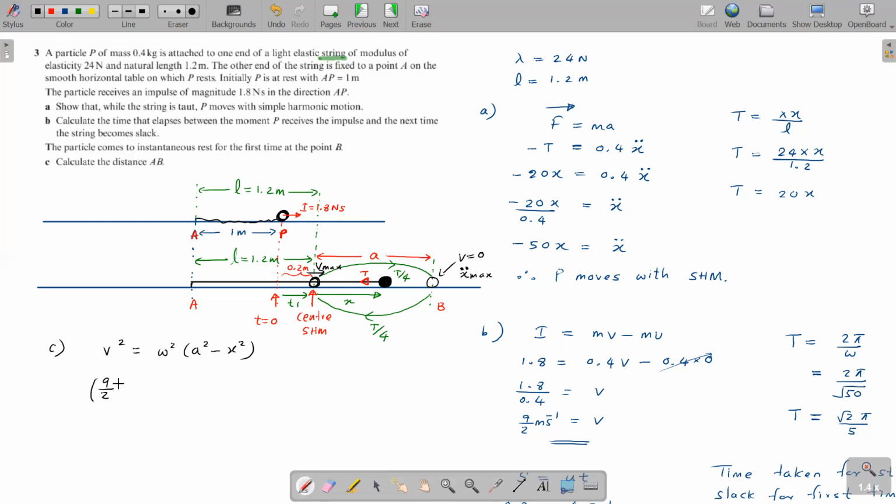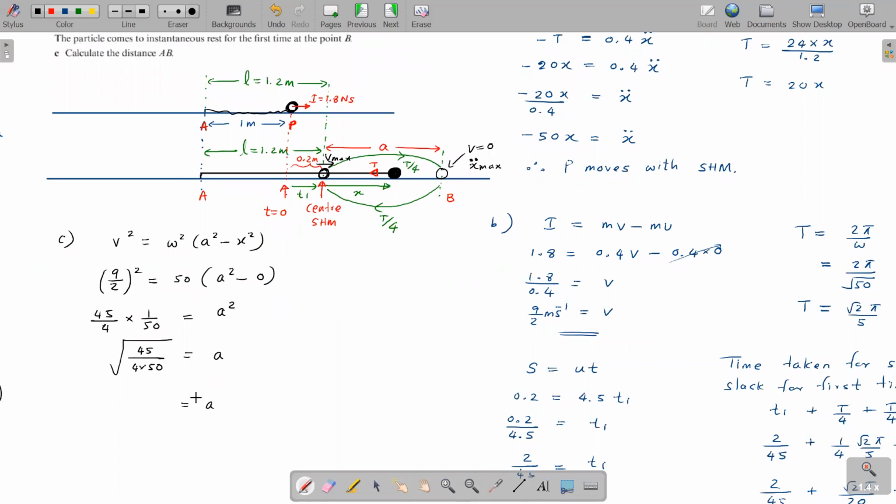So (9 over 2) squared equals omega squared, which is 50, times amplitude squared. Amplitude is what I'm trying to find. At the center x is 0, because x is measured from the center. Can I have the answer? 45 over 4, 50 comes down as a division, equals amplitude squared. So A equals root of 45 over 4 times 50.